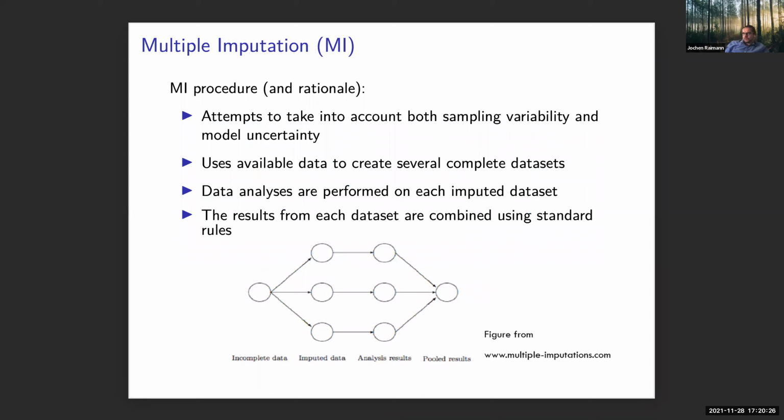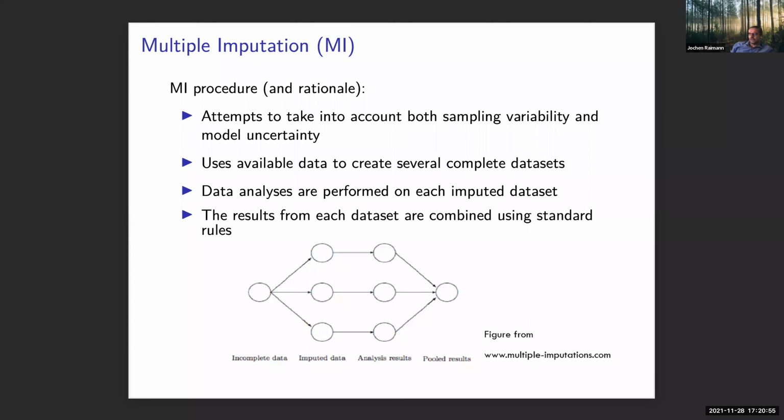Another way to do that is multiple imputation. Multiple imputation procedures and rationales are attempts to take into account the sampling variability and the model uncertainty. It uses the available data to create several complete data sets, and these are randomly sampled.